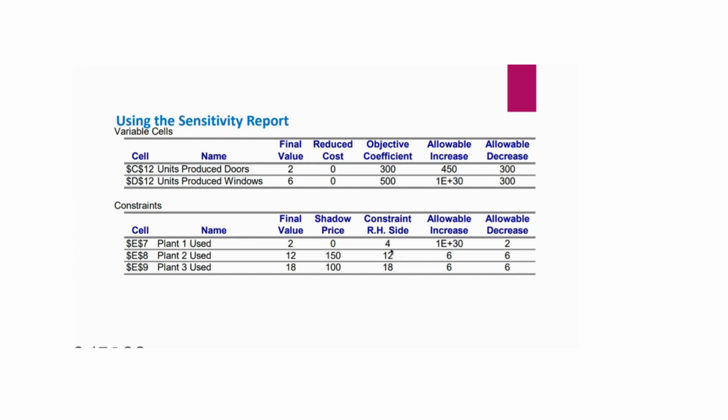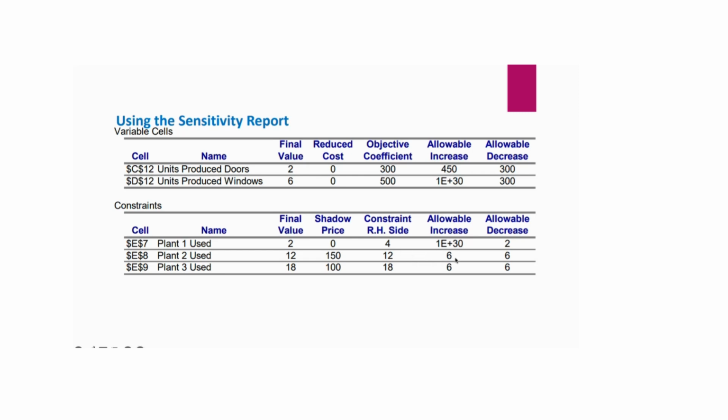Similarly, for the constraint of 12, the allowable increase in hours is 6, and the allowable decrease is 6 as well.